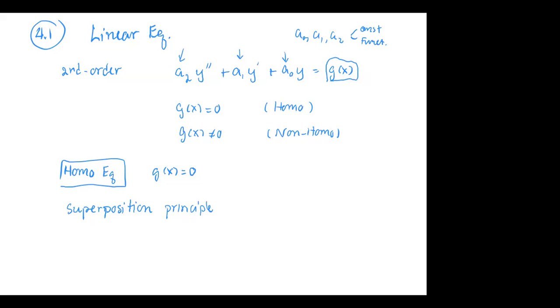Okay, so for the superposition principle, for solutions like y1, y2, if both of them are solutions of the given equation, we can say the solution y can be written as a linear combination of y1 and y2.